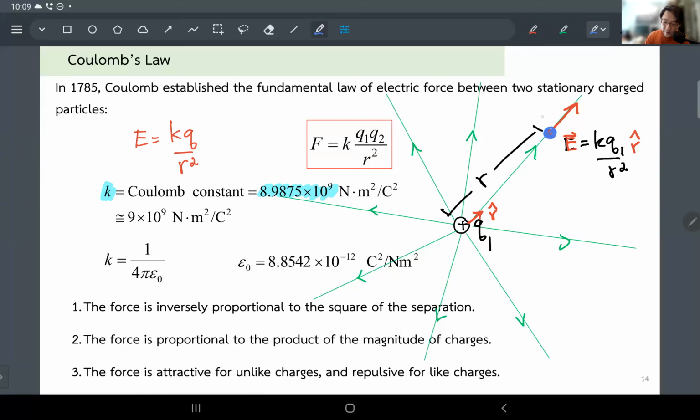And I'm going to call the amount of charge on this one Q2. So my question to you is, what is the force acting on the Q2 charge, guys? Well, now you have the charge, you have the field. So I can say right away, the force acting on this charge is going to be just Q2 times E. And that's it, you're done. You guys with me?